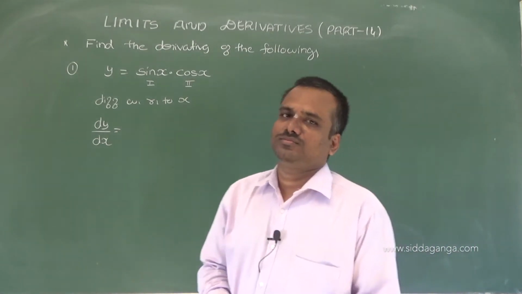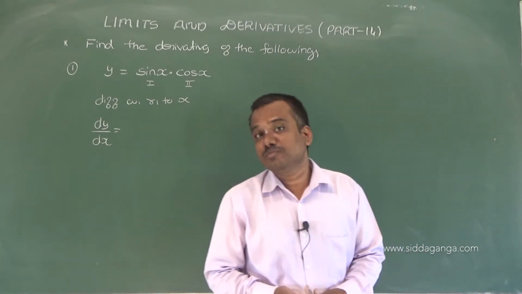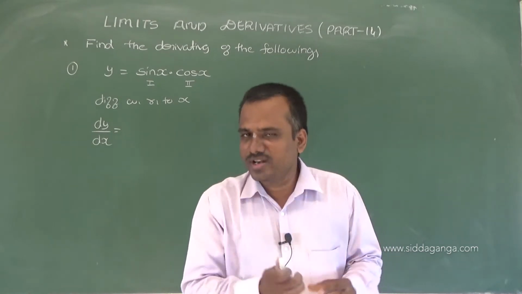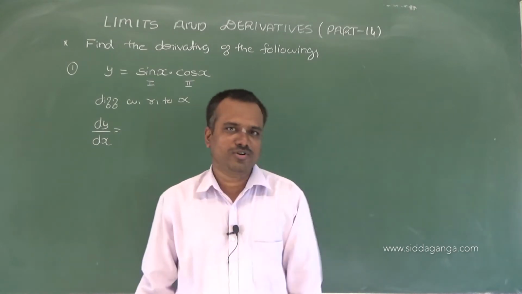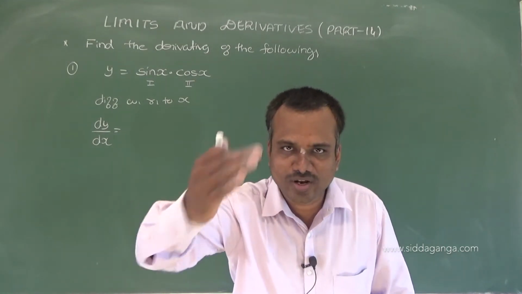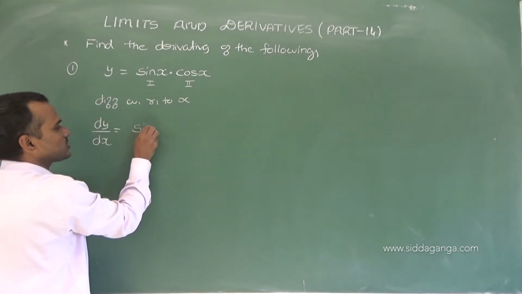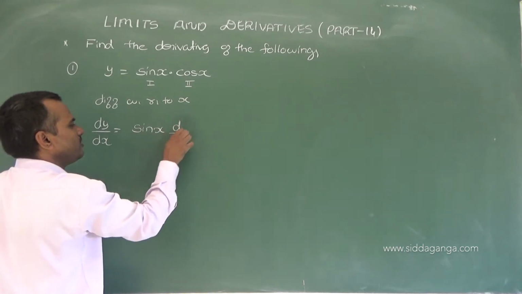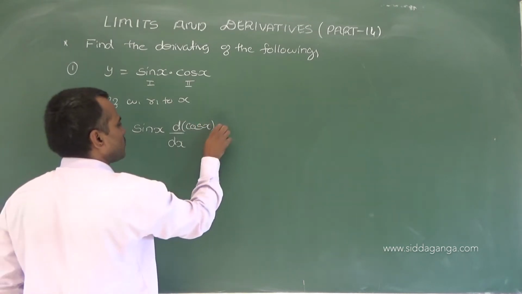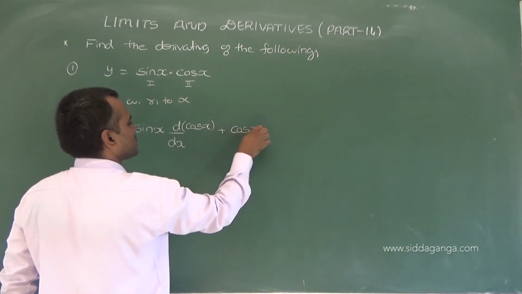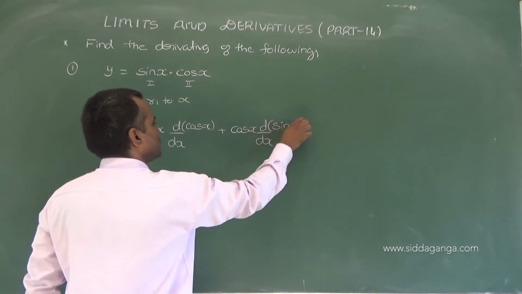You know very well, we already discussed and solved some related problems regarding the product rule. So once again I explain, product rule means first function into derivative of second function plus second function into derivative of first function. So we write here sin x into d by dx of cos x plus cos x into d by dx of sin x.